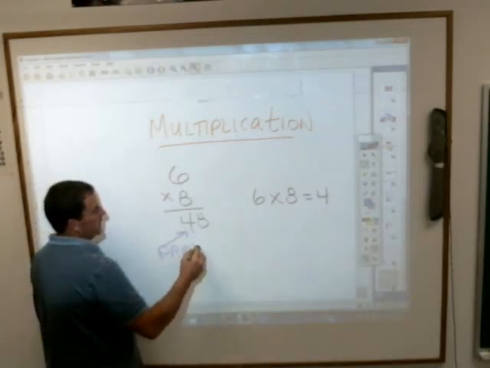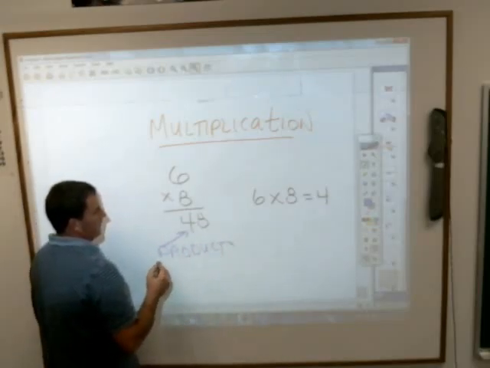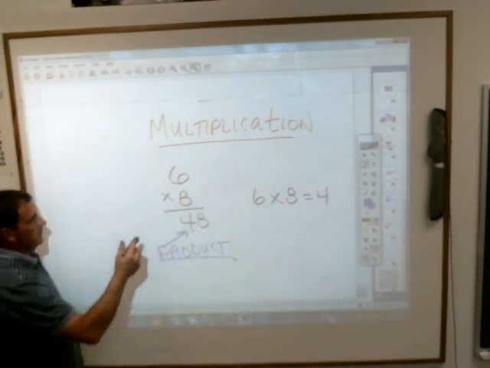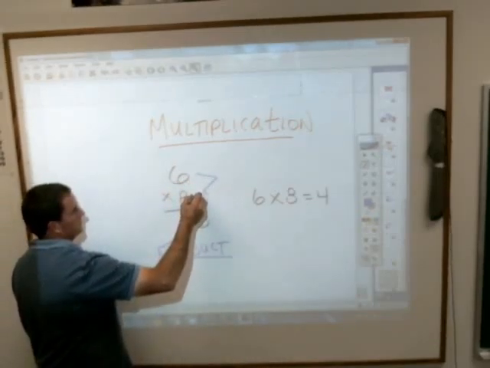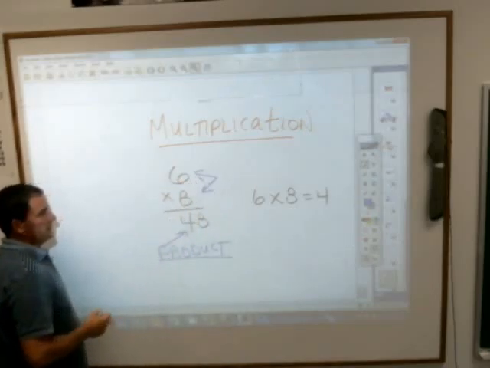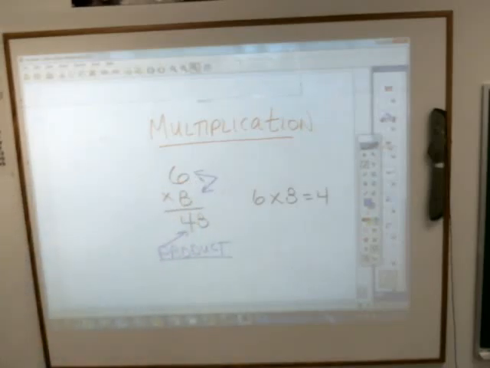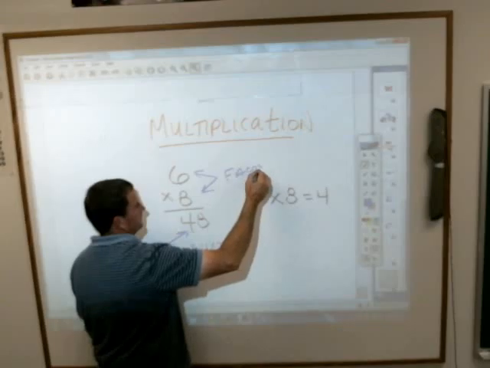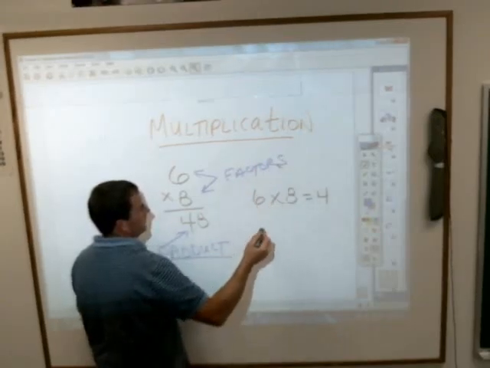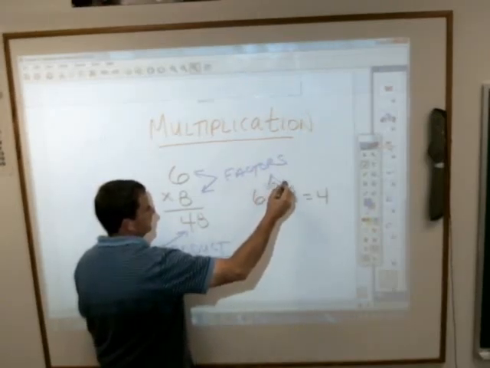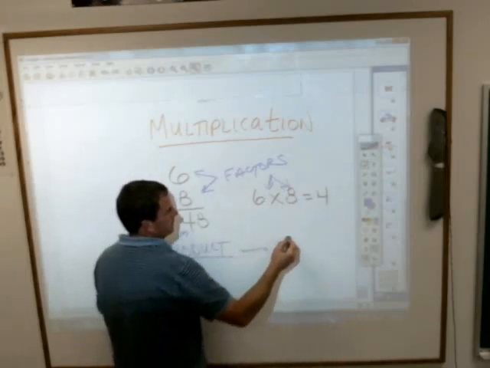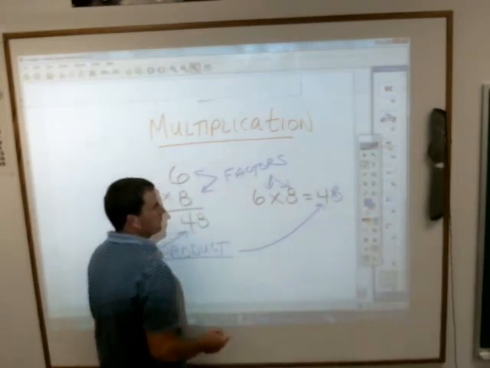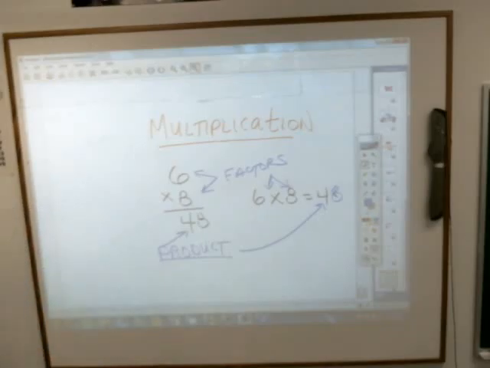Yes, the product. And just like with addition, these two things have the same name. Two things that get multiplied together to give you a product are called, Kyle Westfall? Factor. Yeah, factors. So you're not going to correct me on the 48 over there, huh? Perfect. Everybody good with that?